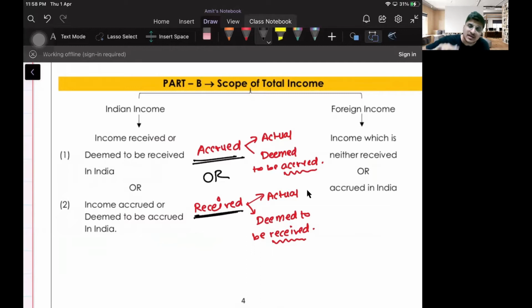तो accrued में भी there are two further bifurcations. One is actual accrual, मतलब accrue हुआ है as per the definition, or there can be a deemed accrual, मतलब deemed to be accrued. Deemed to be accrued मतलब it is actually not accrued, but for income tax purpose, department will assume that it is accrued and it will be treated as if it is accrued in India.